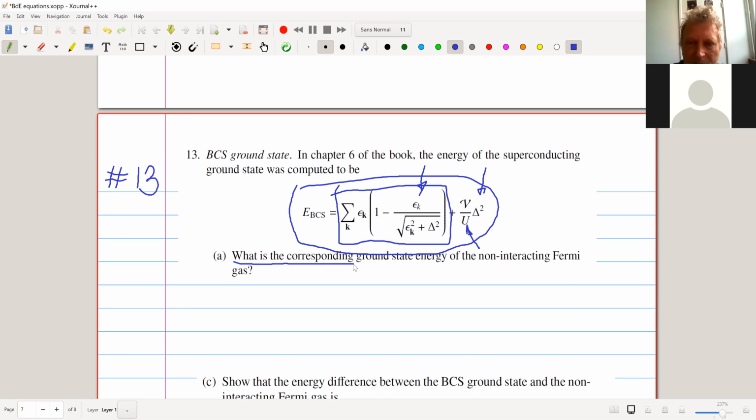That's simple. We need to look at this answer, and we have to set delta to 0. That basically kills the second term. What happens here?